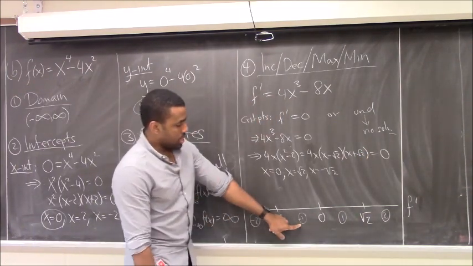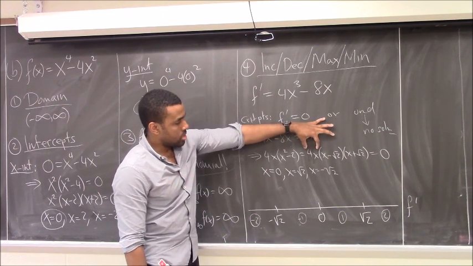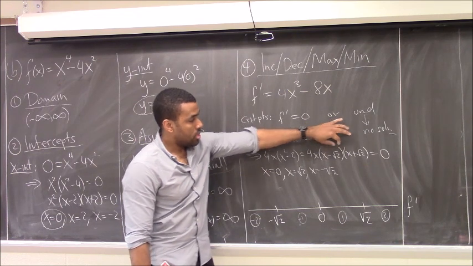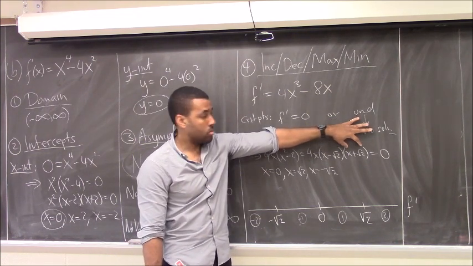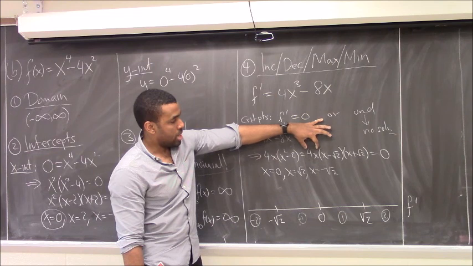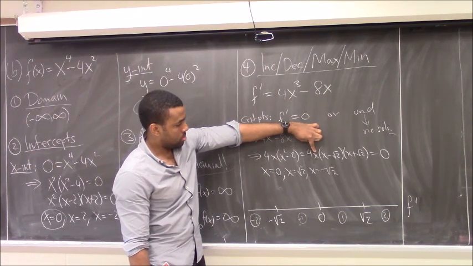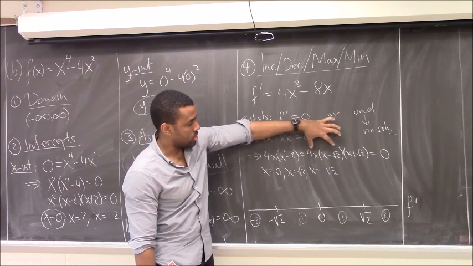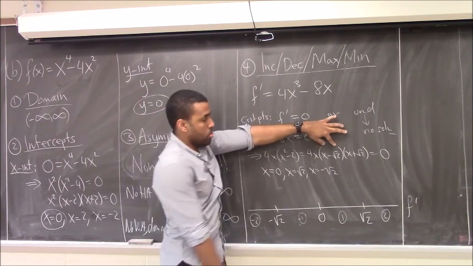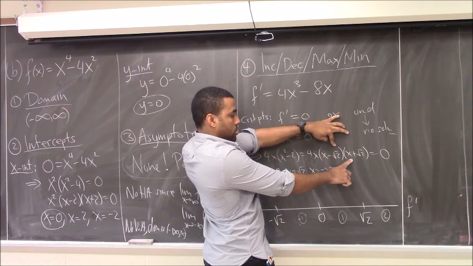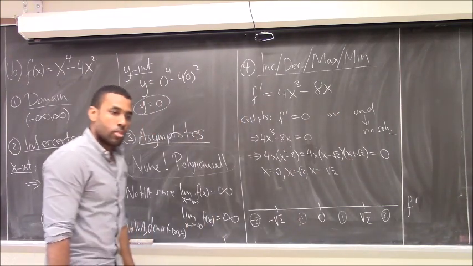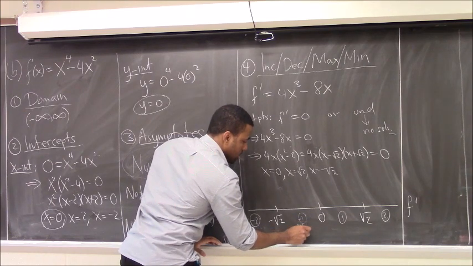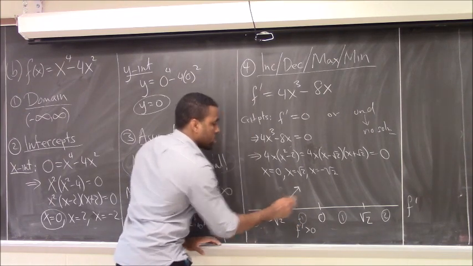So if I plug in negative 1, this is negative, this is negative, this is positive, right? So x would be negative. Here I have minus 1 minus radical 2, that's also negative, so negative times negative is a positive. Plug in minus 1 here, that's a positive. So my derivative is positive here, which means I should be increasing here.